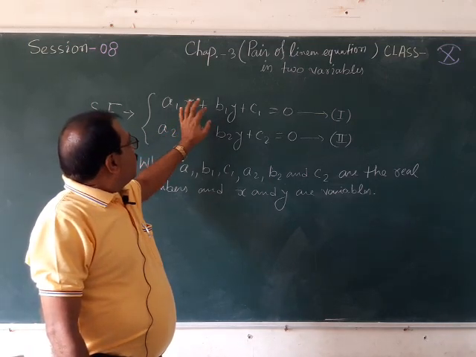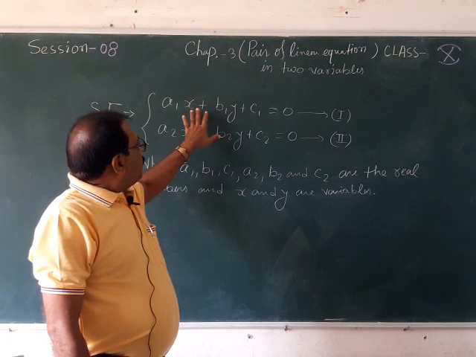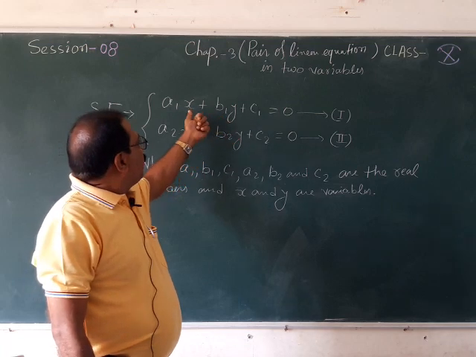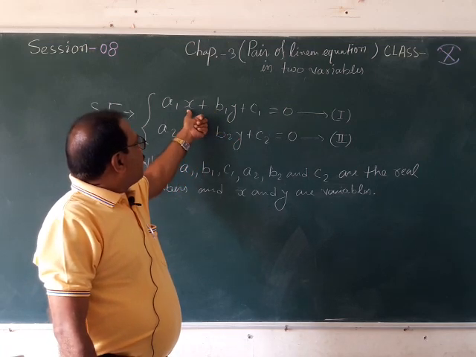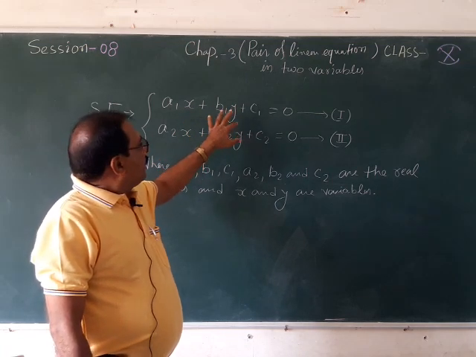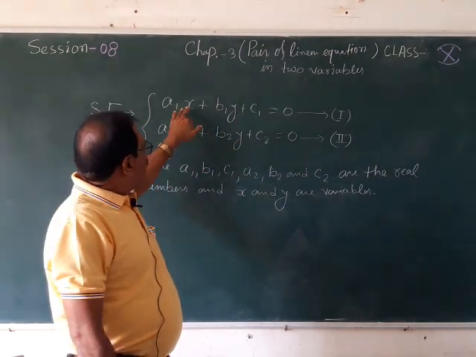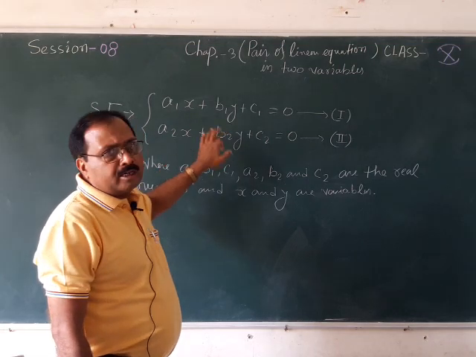You know that an equation is having more than one solution. That means an equation which is having two variables may have many solutions. So equation 1 and 2 are having many solutions.